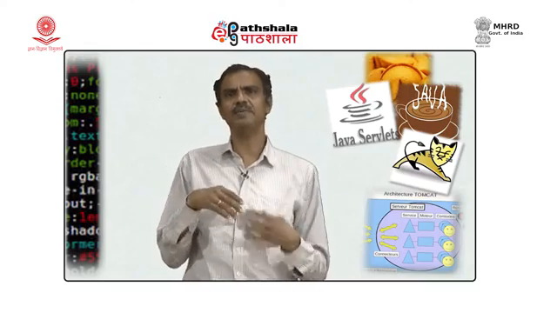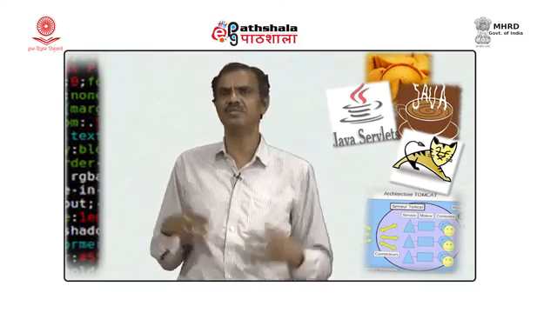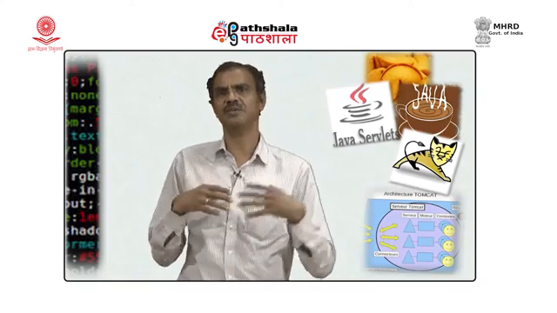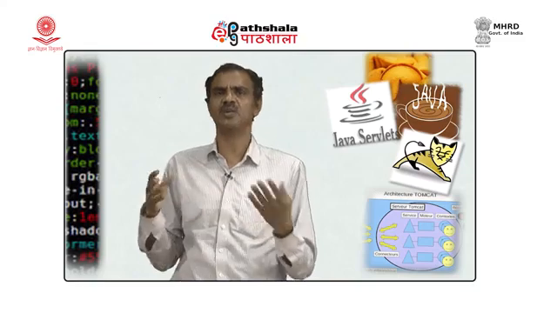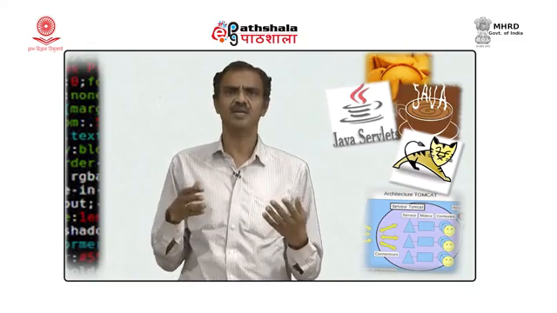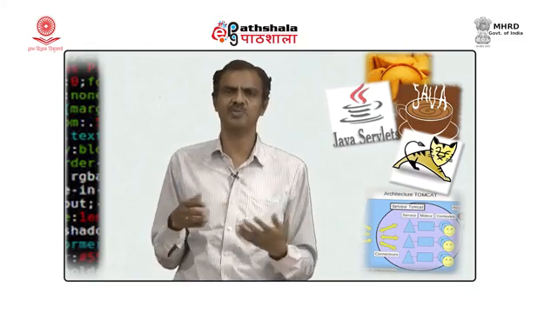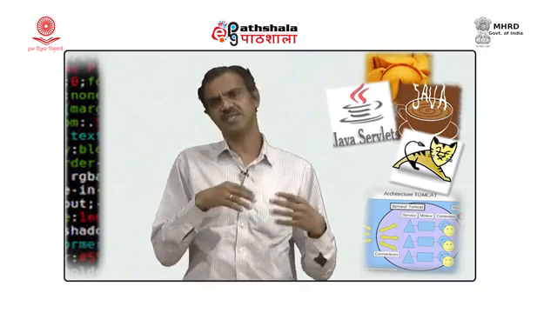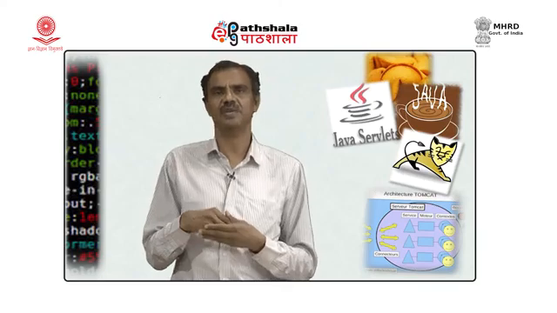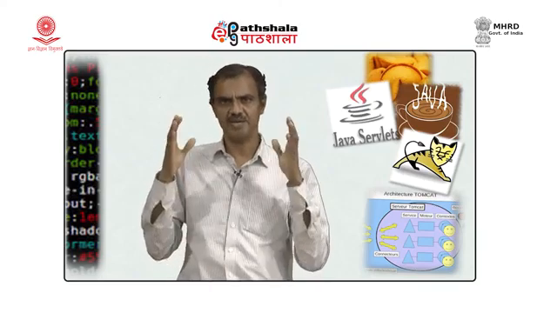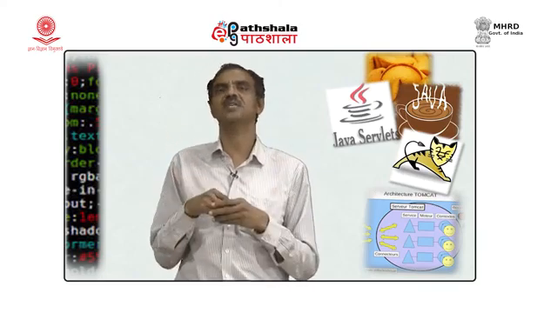I'll say label bundle underscore fr. I now have information about everything for these keys in French, and therefore I create a resource bundle for that. That way I can just keep on adding more and more resource bundles. So that's one aspect. Creating resource bundles would be one of the steps.